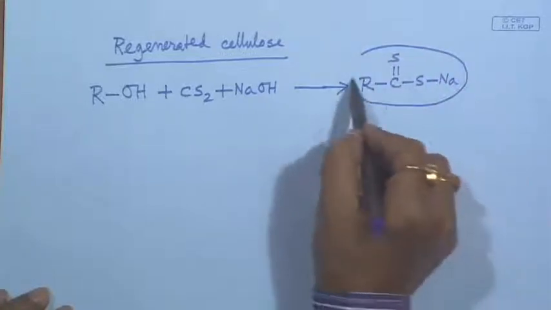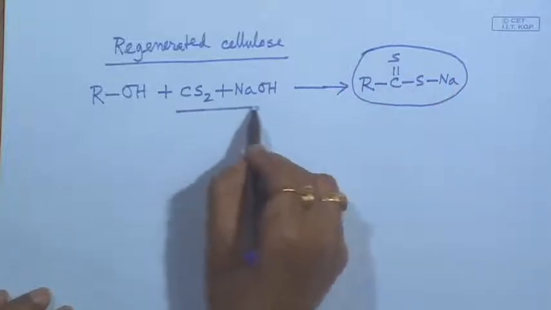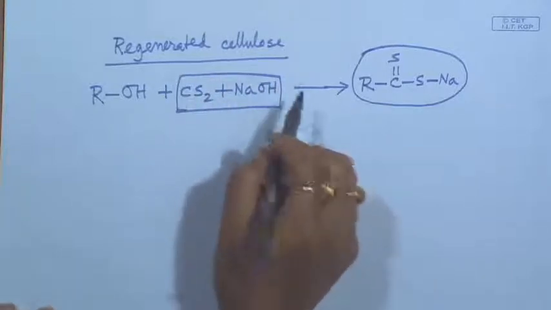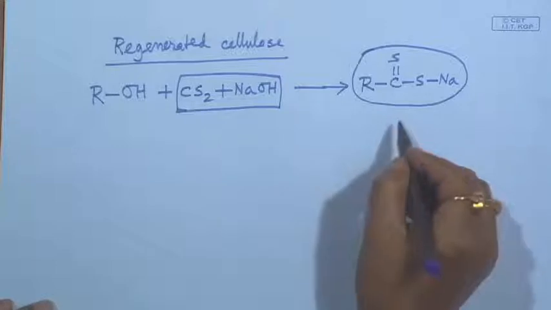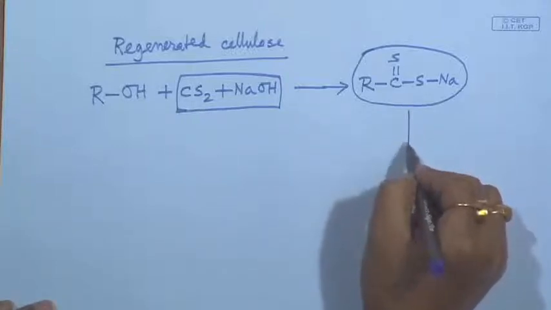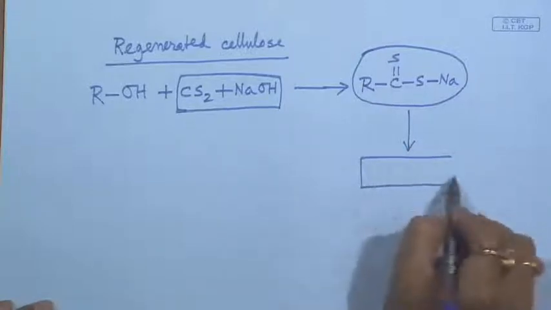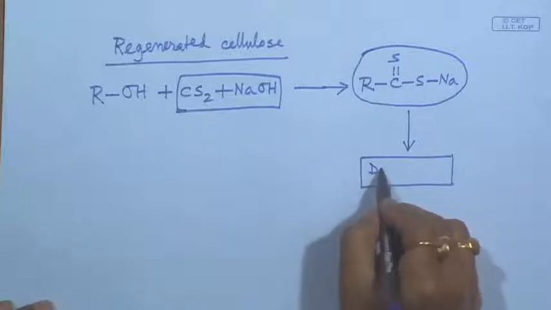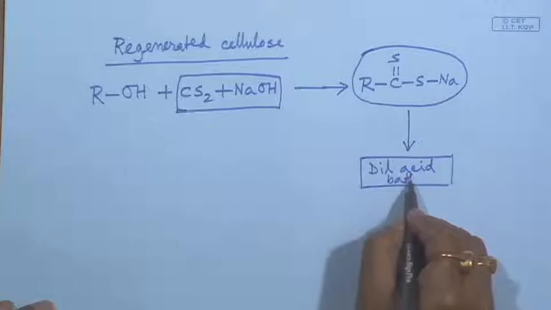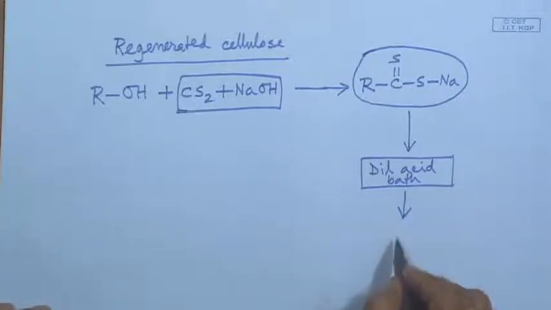That means cellulose can be dissolved in an aqueous solution of carbon disulfide and sodium hydroxide. It forms a viscous solution in water. Then, if it is put in a dilute acid bath, say dilute sulfuric acid, cellulose will be regenerated.